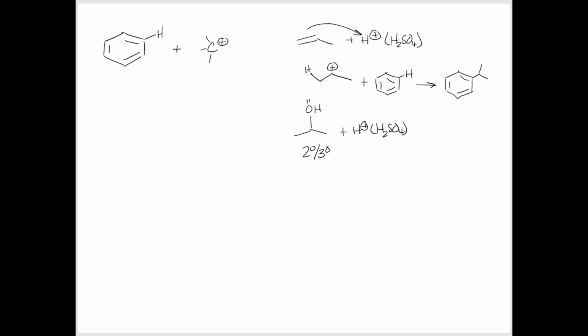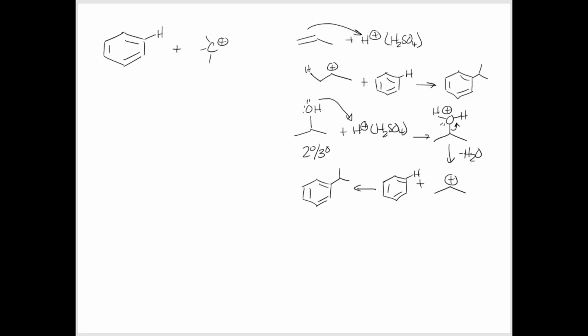So in this case, I would protonate the oxygen, form the oxonium ion, and then if it's secondary or tertiary, lose the water as a leaving group to form the secondary carbocation, which would then add to the benzene ring and do electrophilic aromatic substitution. And then we would end up forming, in this case, another molecule of isopropyl benzene.